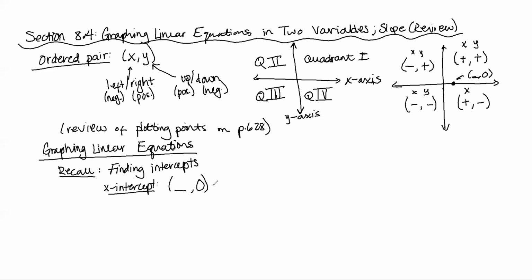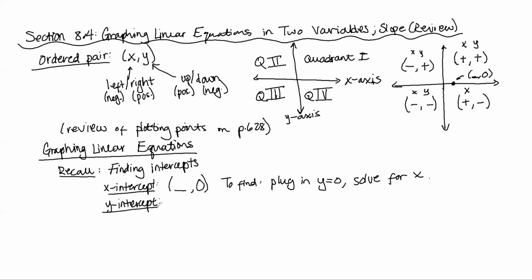And so in order to find the x-intercept, you're going to plug in y equals 0 and then solve for x. That's what we know here: y has to be 0 and x is going to be any number, so we need to figure out what that's going to be. Now let's go ahead and take a look at the y-intercept.